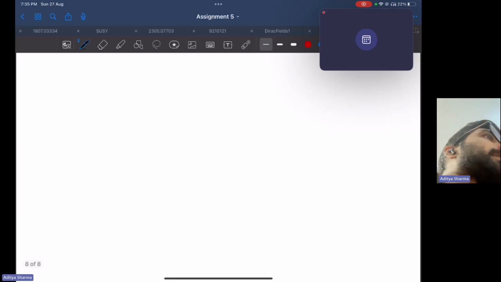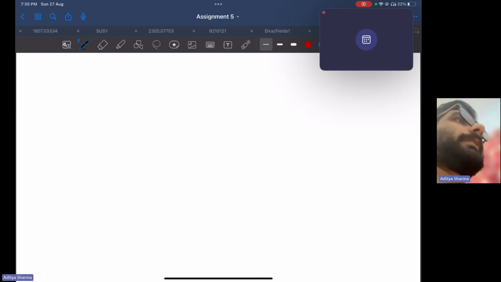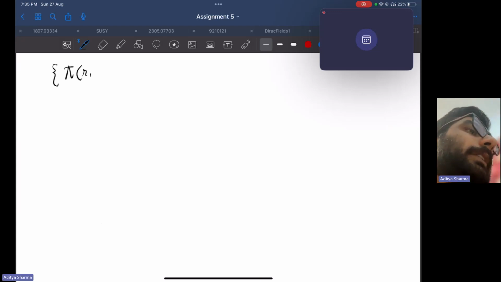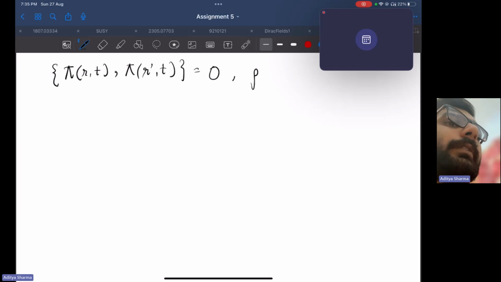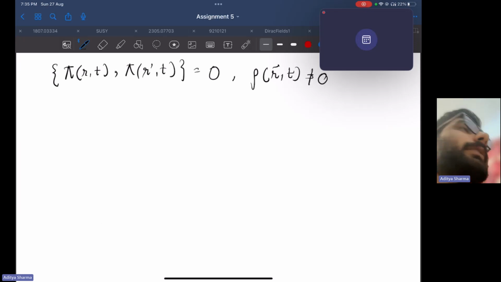Here, this calculation is long, and the idea is that we can show that phi of phi t comma phi of phi prime t is equal to 0. And we want here with the condition rho of phi prime t not equal to 0.